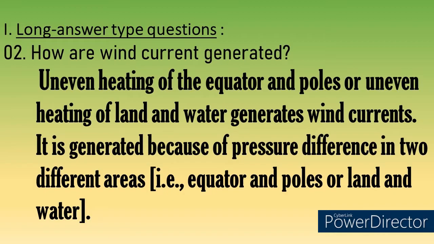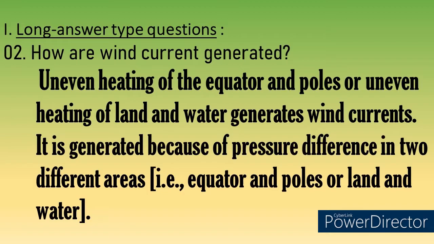Even means everywhere you come across the same kind of heating process. Uneven heating means in one place there is more temperature, whereas in the adjacent places there is less temperature. So this is what is meant by uneven heating. Even is the opposite of uneven, that is equal, unequal, similar terms.